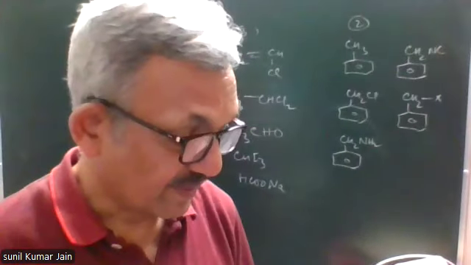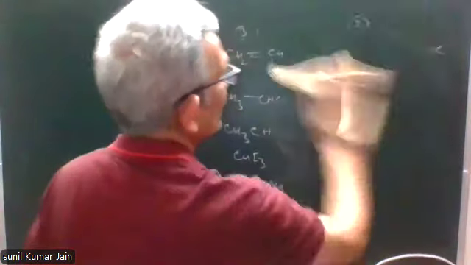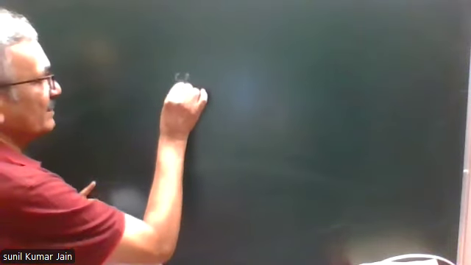Next, what happens? Explain why. There are 2 questions which are to be discussed. Dipole moment of chlorobenzene is less than that of chlorocyclohexane. A very important question.